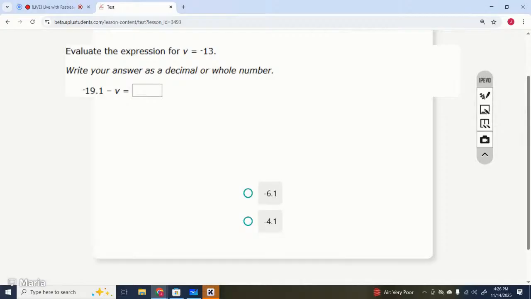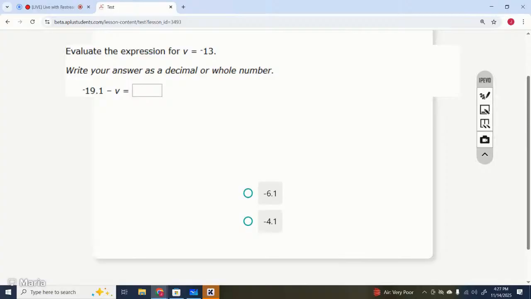Evaluate the expression for v equals negative 13. Write your answer as a decimal or whole number.